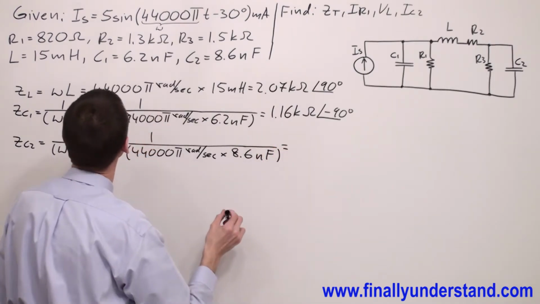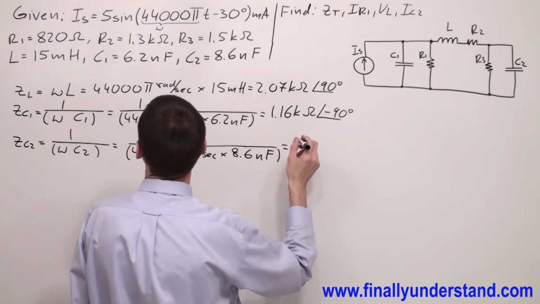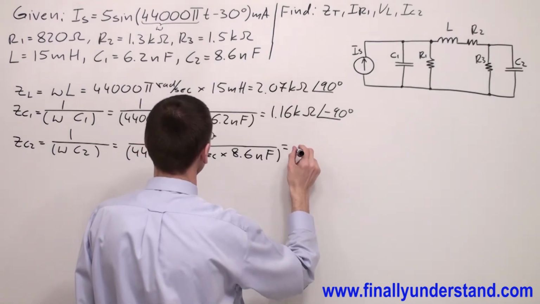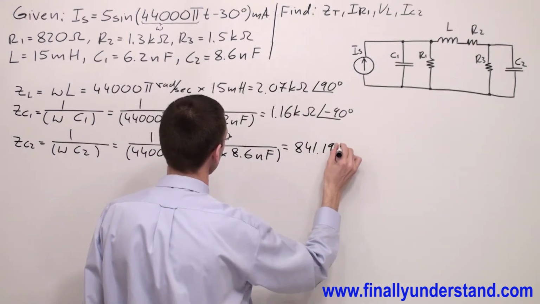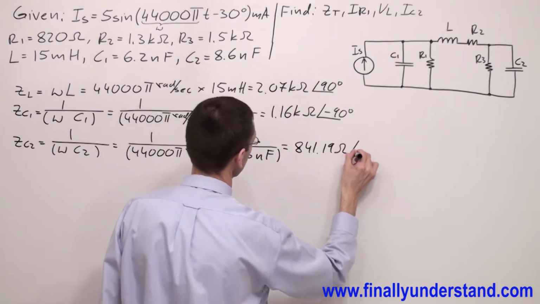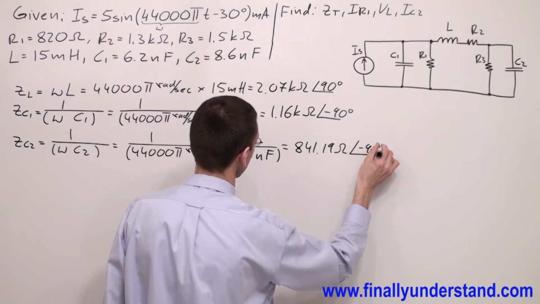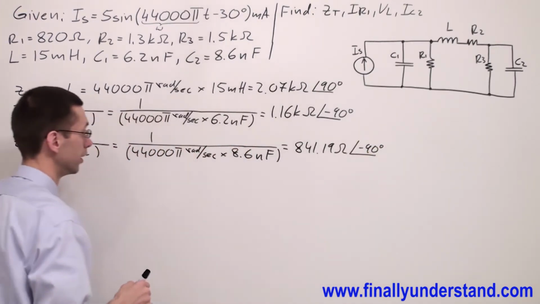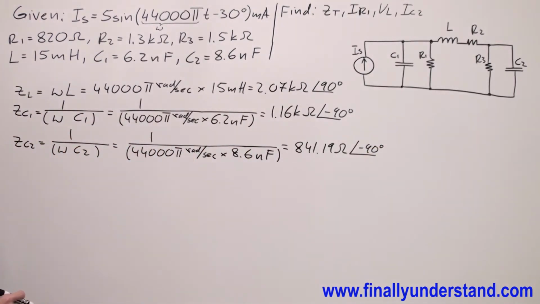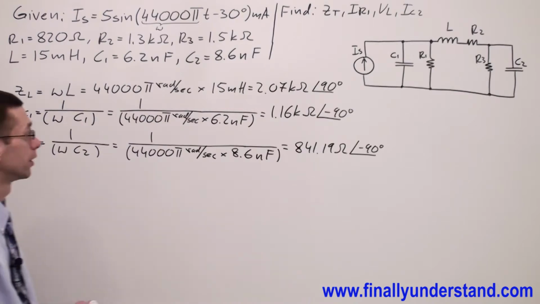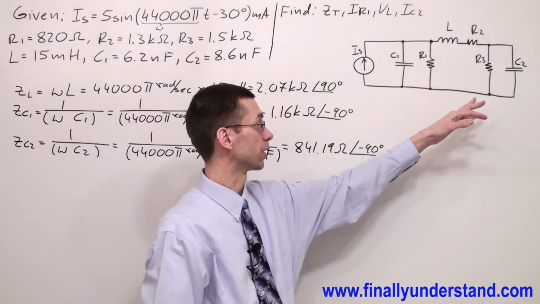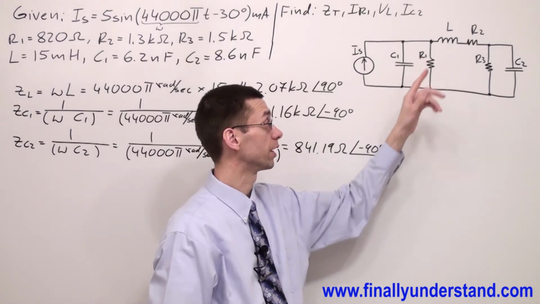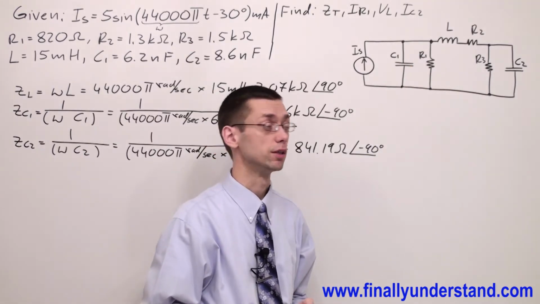This is equal to 841.19 ohms and angle of negative 90 degrees. Okay, so we found the impedance of capacitor C1, impedance of capacitor C2, and we found the impedance of the inductor.